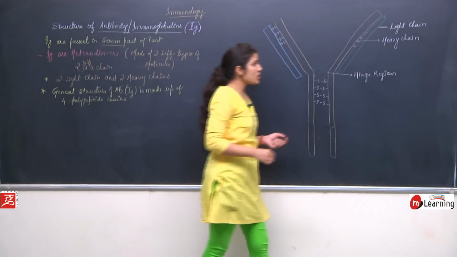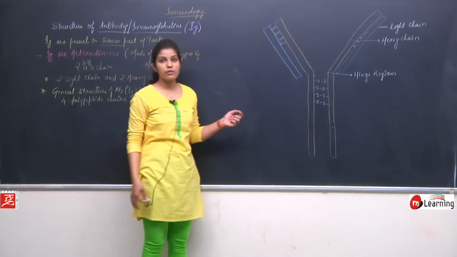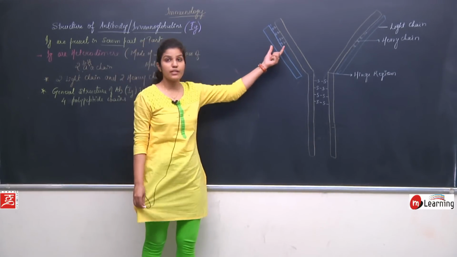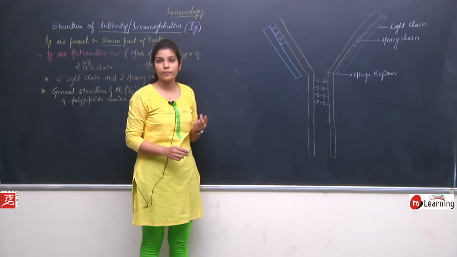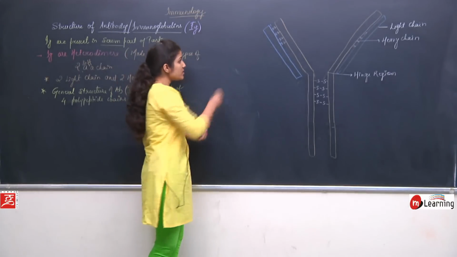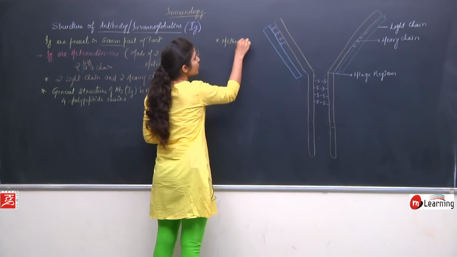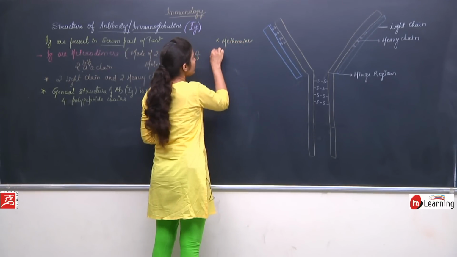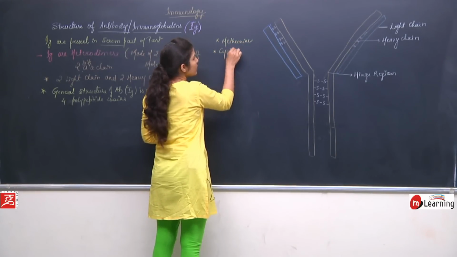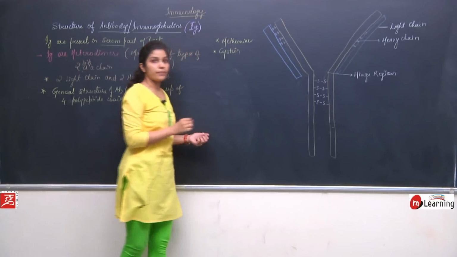Now, which amino acids are responsible for this disulfide bond? There are 2 amino acids, methionine and cysteine.